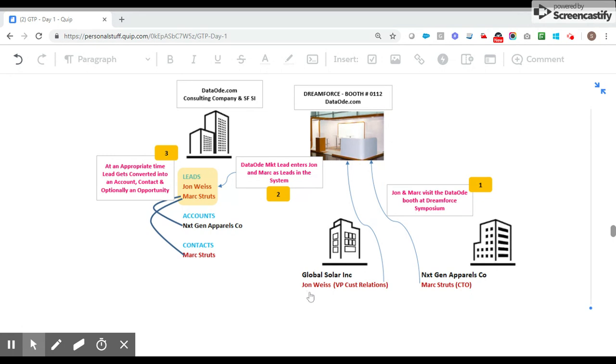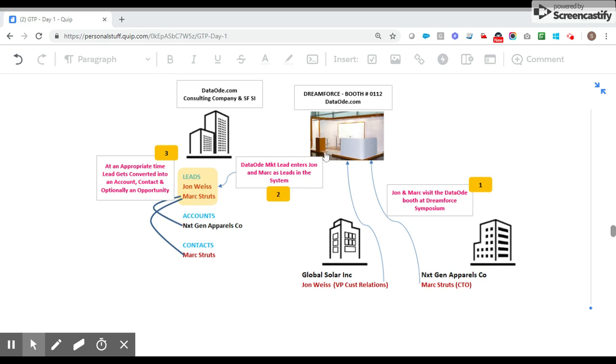So in this case, the first name, last name, the email address, the phone number, designation, etc. All these things are now logged into leads. A simplified definition of a lead is a prospect. So the information is logged, and Dreamforce is over.